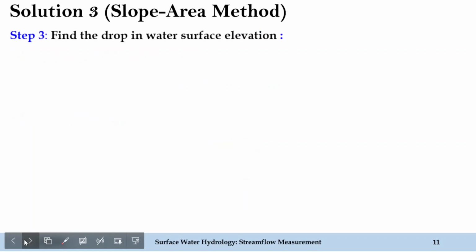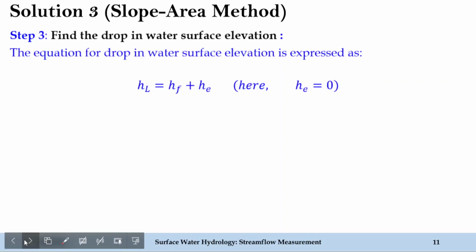Now move to step 3, where we need to find out the first aspect of the problem, that is the drop in the water surface elevation. Let's see how to find out this. So there is one equation for the same, that is drop in water surface elevation HL, which is equal to HF plus HE. Okay, so here HE is equal to 0 as there is no eddy loss. So only thing over which the drop in water surface elevation will depend is HF.